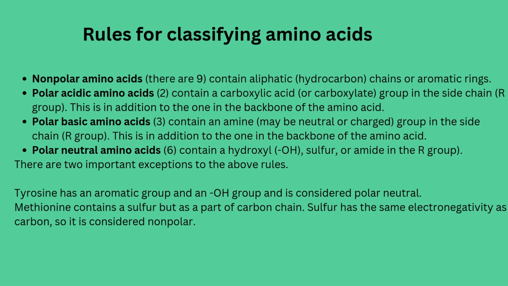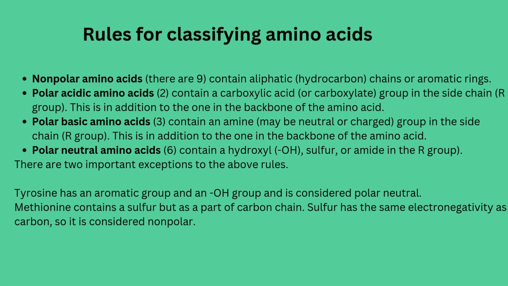The following rules, with 2 exceptions, can help you identify the class of an amino acid according to its type. Non-polar amino acids contain aliphatic hydrocarbon chains or aromatic rings. A polar acidic amino acid will contain one carboxylic acid or carboxylate group in the side chain, or R group.